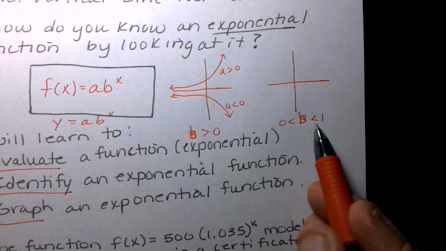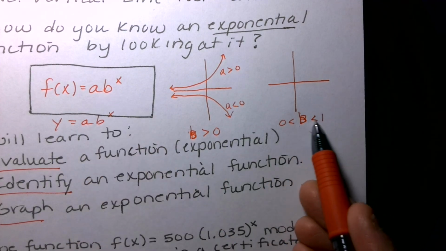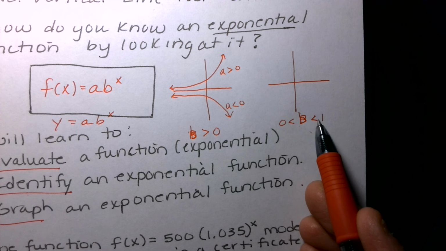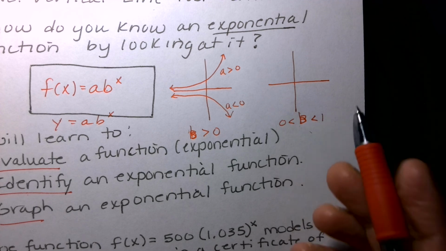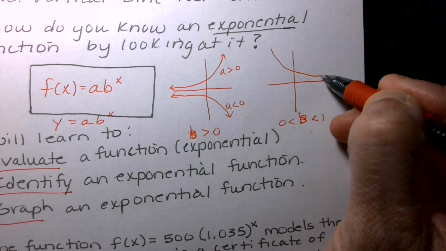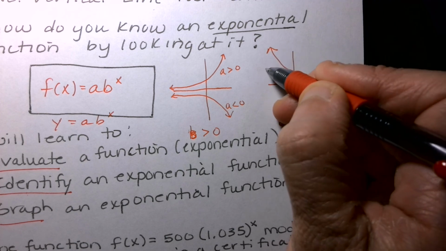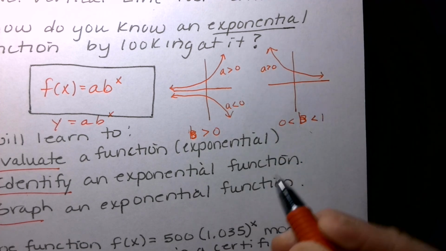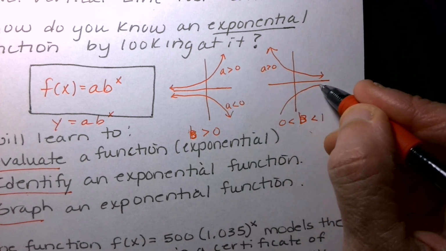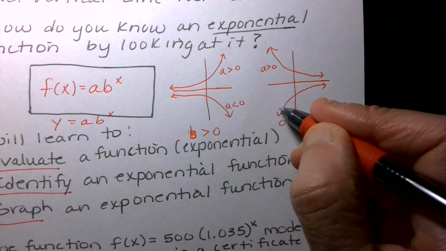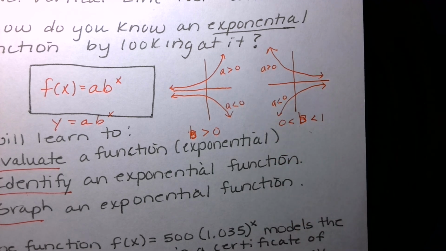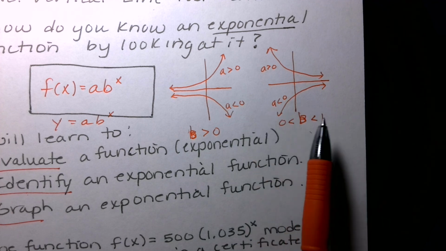And now when we're talking about this b number in the parentheses, the ones we just did that were fractions in between 0 and 1, it's going to look like this if a is greater than 0. And it's going to look like this if a is less than 0. So you can kind of take a look at some of the similarities or differences.